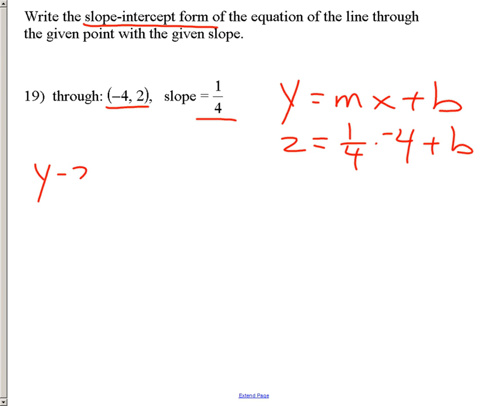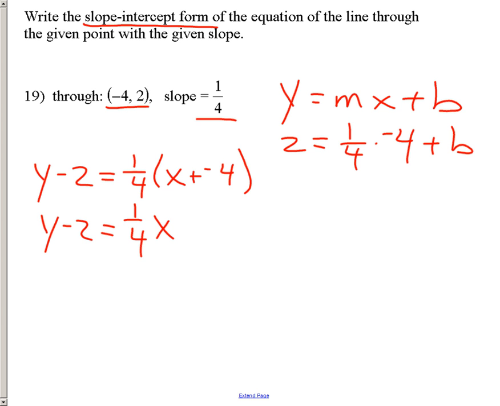Y minus the y coordinate equals slope times x minus the x coordinate. Or y minus 2 equals 1/4 x plus 1. Add 2 to both sides. Y is 1/4 x plus 3. Take your pick on that.